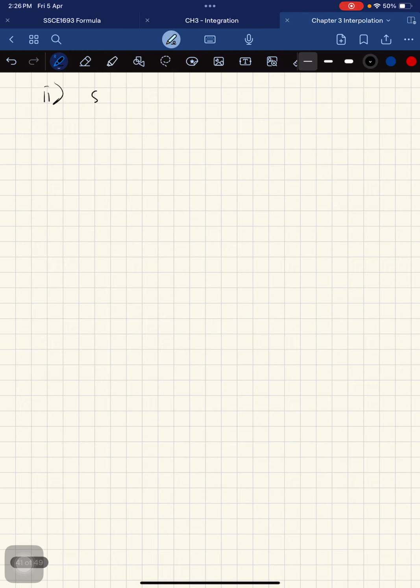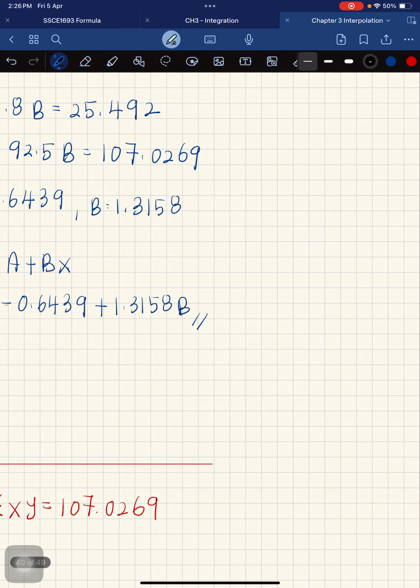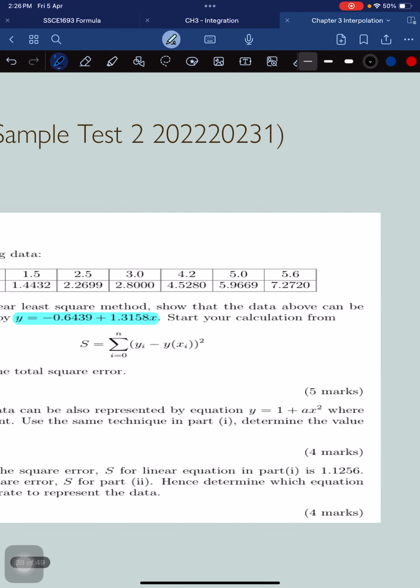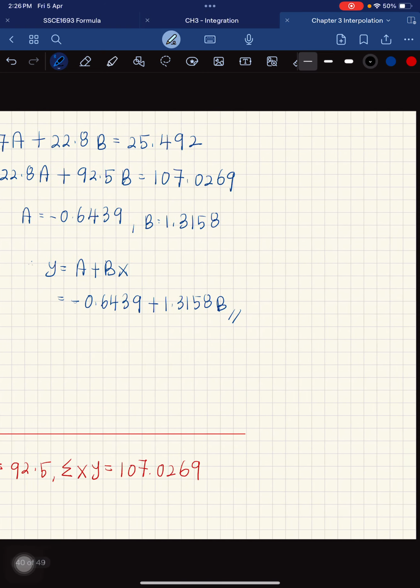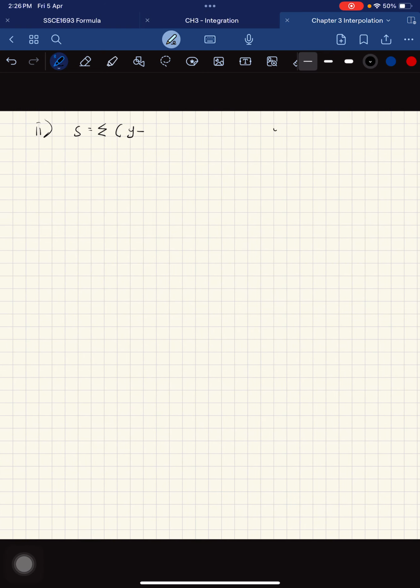So, S equal to summation of (y minus (1 plus ax squared)), squared.